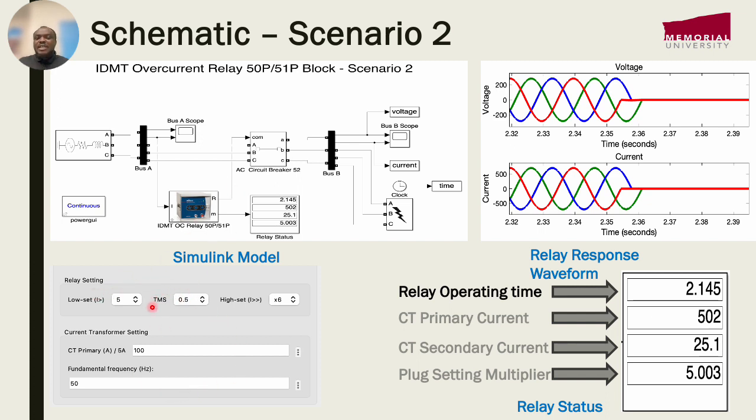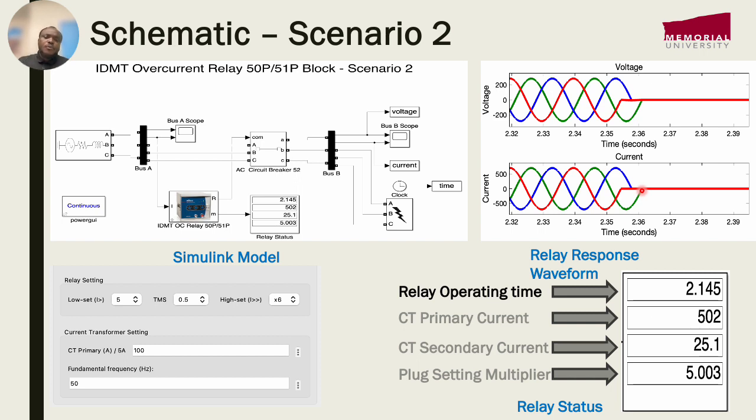But when we changed the TMS, we realized that the relay trip time was 2.145 seconds, which translates to about 2.36 seconds, which, like I explained earlier, is due to the mechanical movement of the relay.